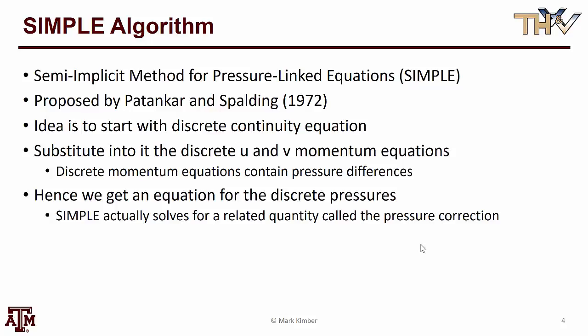We're going to substitute it into the discrete U and V momentum equations. And we're going to, in that way, sort of couple the velocity and the pressure. In each loop, what we're solving for is something called the pressure correction. And so we'll talk about how to derive this algorithm.